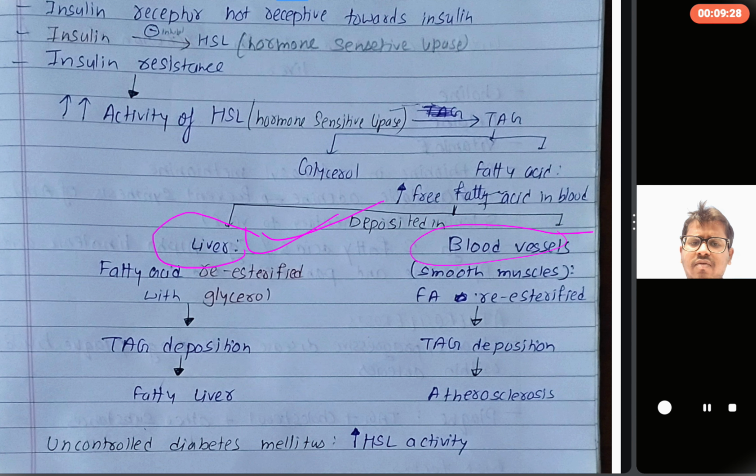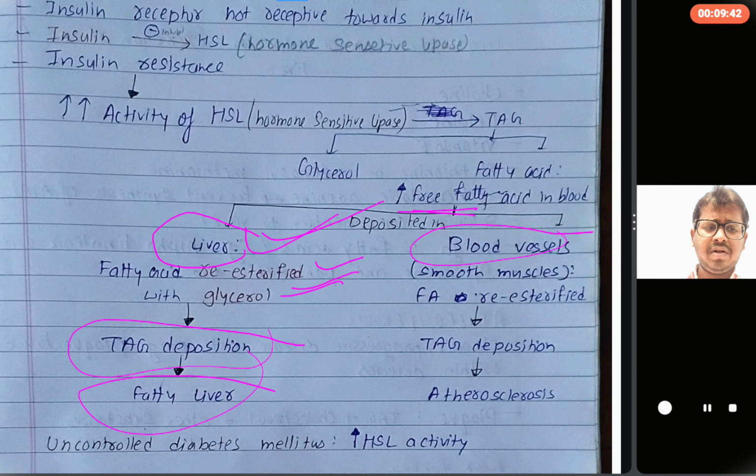What happens in the liver? Free fatty acid is re-esterified with glycerol, and the triacylglycerol deposition causes fatty liver. Another is in blood vessels. Blood vessels are formed of smooth muscle.